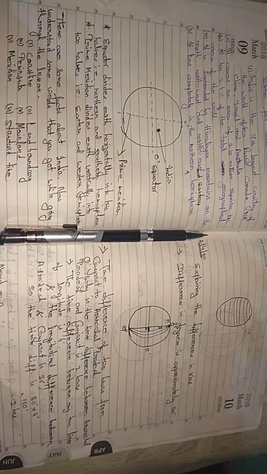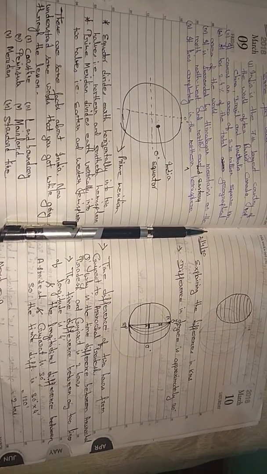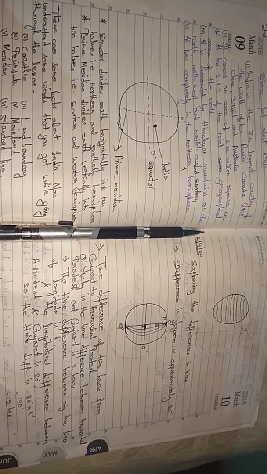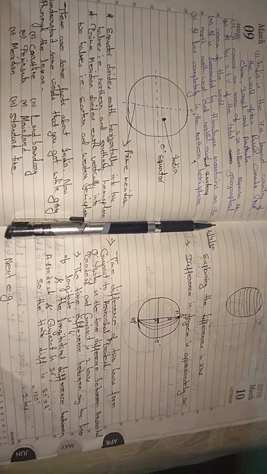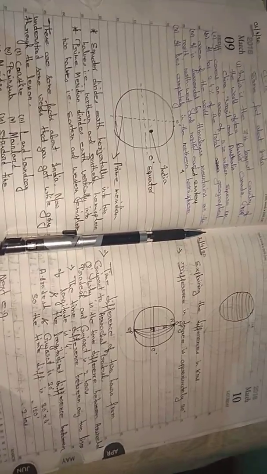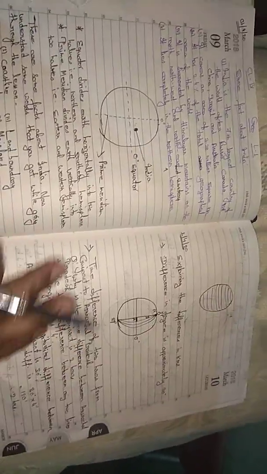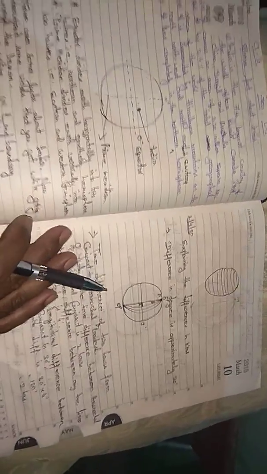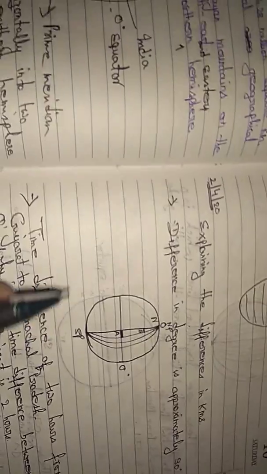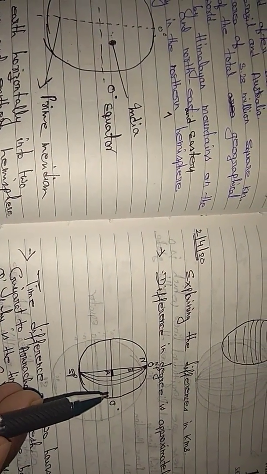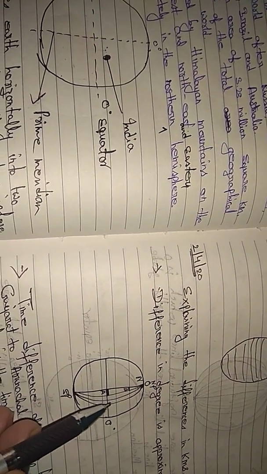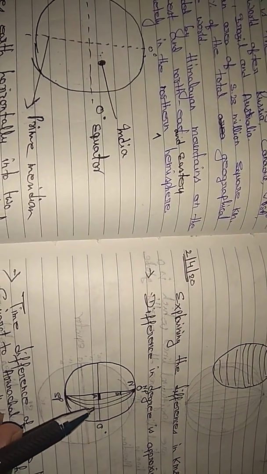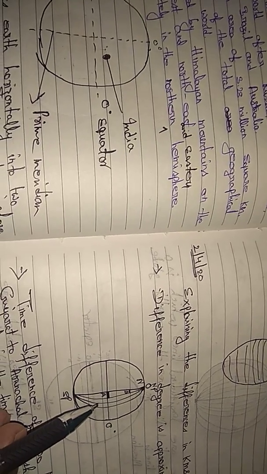Now in this class, I am going to explain these differences in kilometer with the help of the following diagrams. Suppose, as you see here, this is the earth, and these imaginary lines are called longitudinal lines.